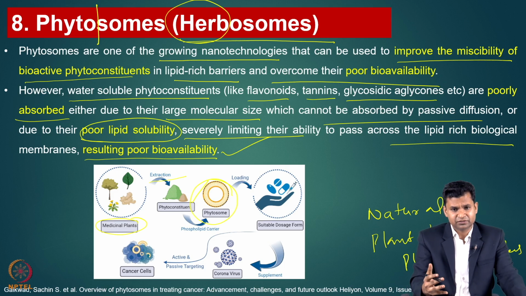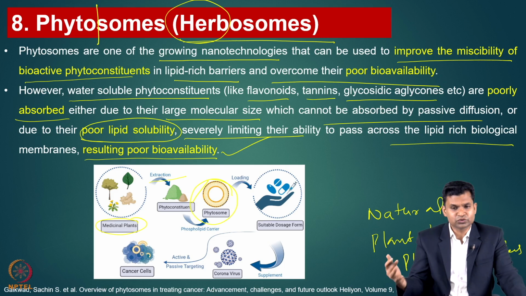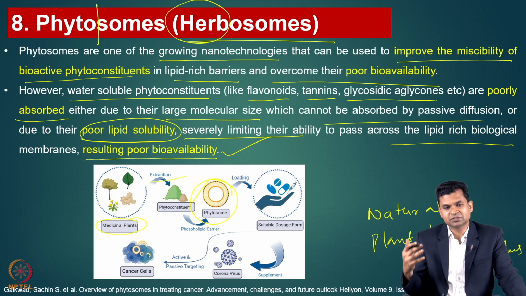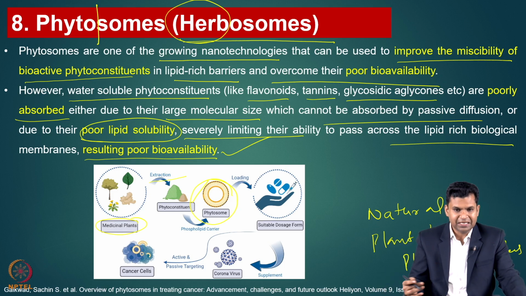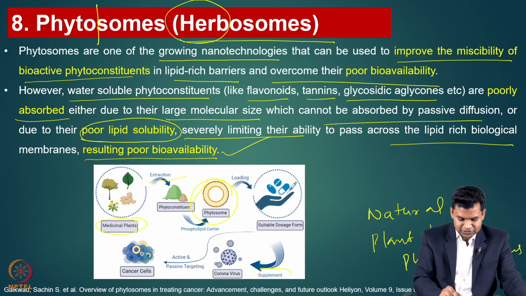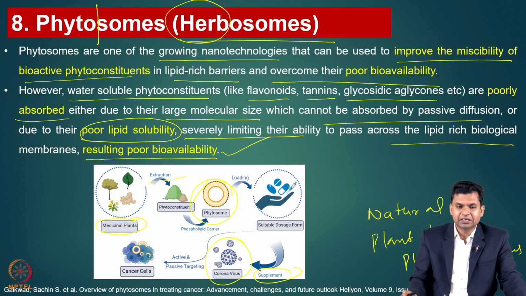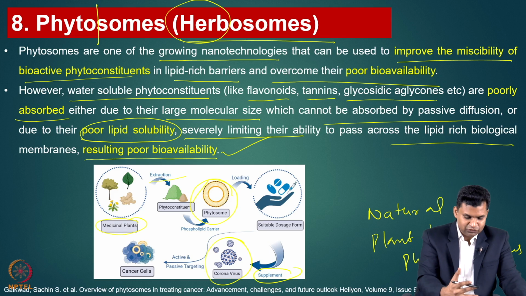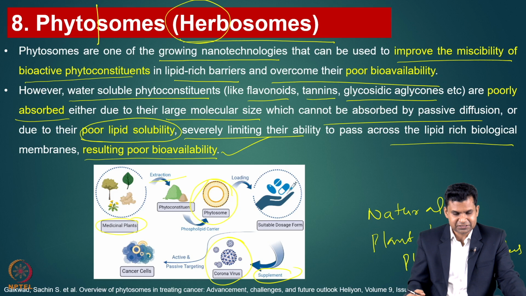After that, you can convert that into the various dosage forms, either liquids, or oral solid dosage forms, and you can also convert into injectables, syrups and powders. And that active constituent you can give as a supplement for the treatment of various infectious diseases, and you can also use these molecules for active and passive targeting in the treatment of cancer cells.